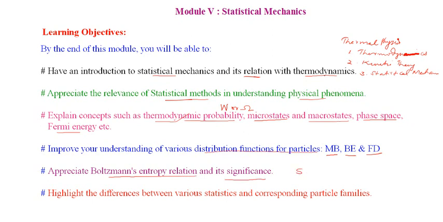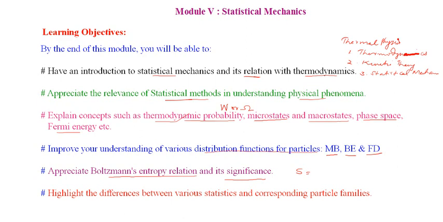We have seen in the thermodynamic potentials module that thermodynamics is unable to give the absolute value for entropy of a system, but it always gives the change in entropy. And here you can see Boltzmann's famous entropy relation is giving you the absolute value of the entropy.